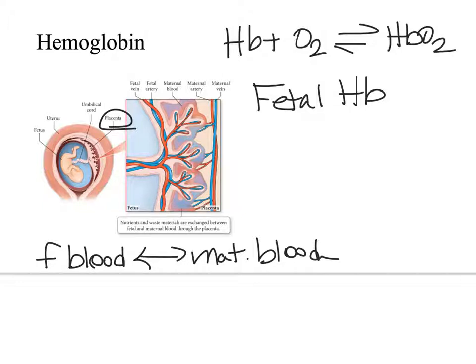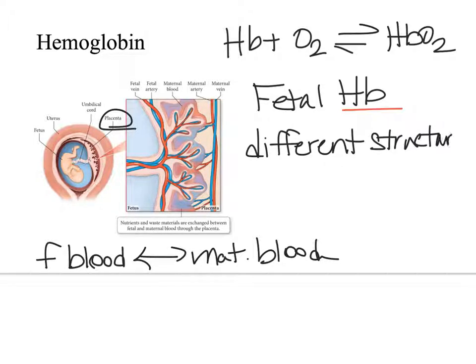And the actual hemoglobin molecule, fetal hemoglobin, is different in structure as compared to maternal hemoglobin. The cool thing about that is it has greater affinity for oxygen than maternal hemoglobin.